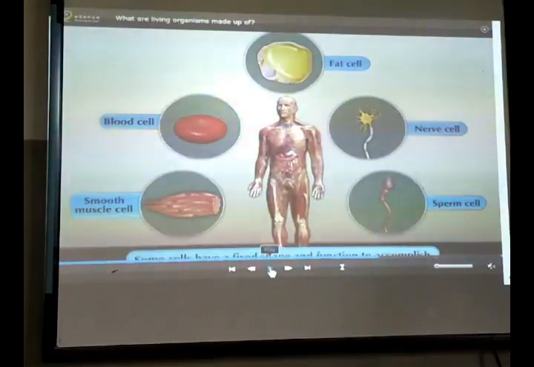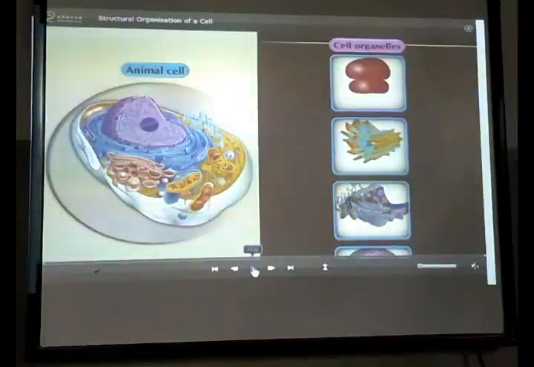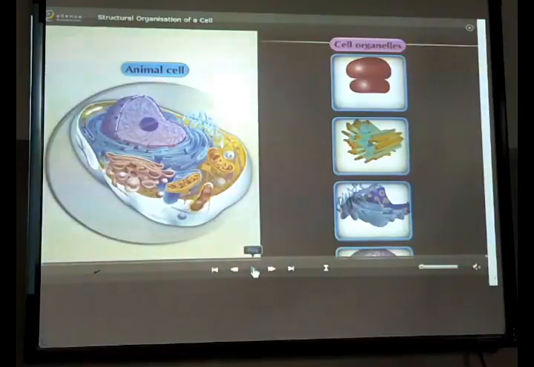But as we have seen previously, in our body many cells are there, and the multicellular body functions by different cells and different organs, because all have different systems made up of different cells. Now further we will see the structural organization of a cell.